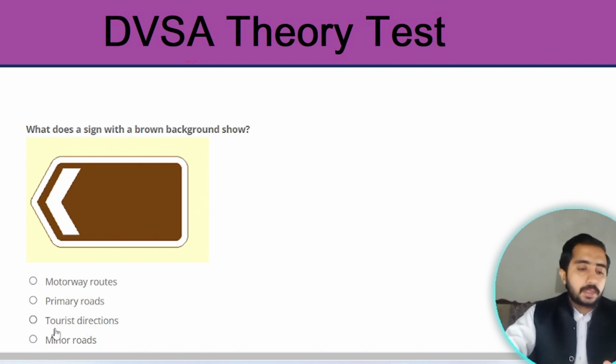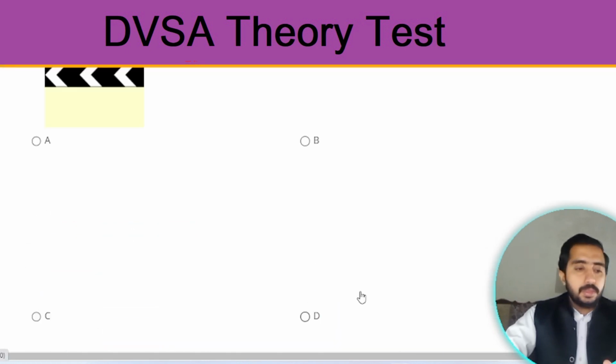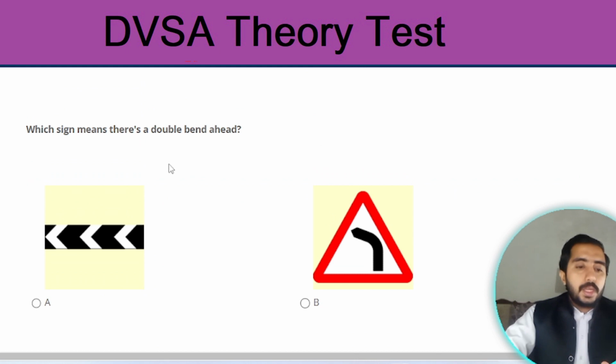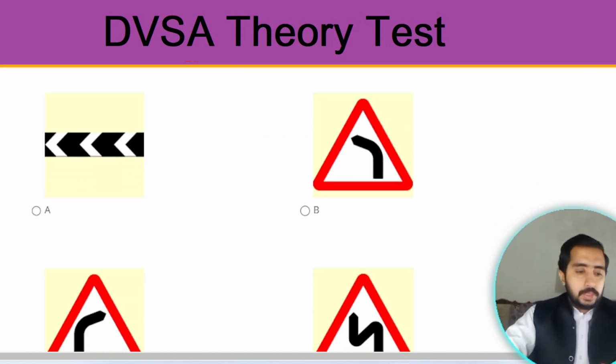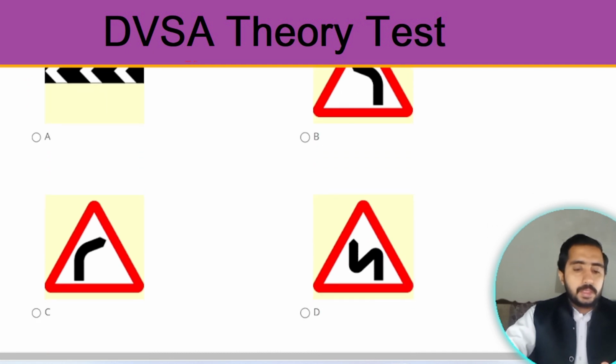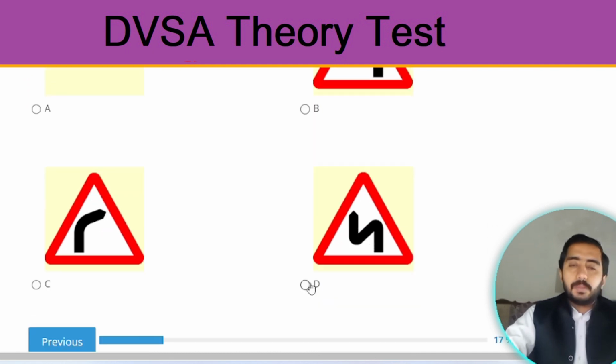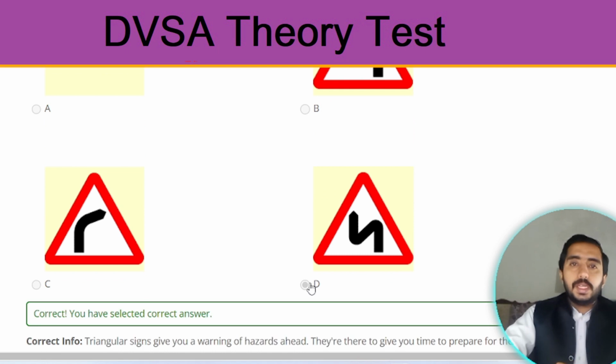It means tourist direction. Next one. Which sign means there is a double bend ahead? Double bend is represented by sign B. Option D is the correct one.